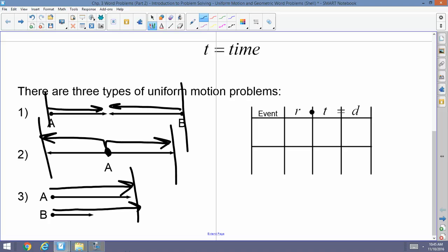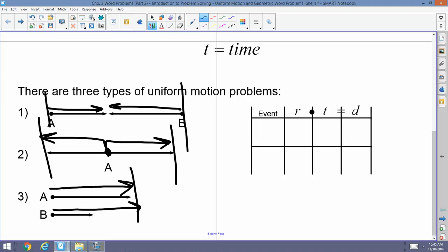You're either going to have a situation where 2 objects are going towards each other, apart from each other in opposite directions, or I'm catching up with the other. If you can see that and literally visualize that and even draw yourself a little sketch, a little figure, whenever we're solving these problems, I promise you it helped me. I think strongly that it will help you as well.